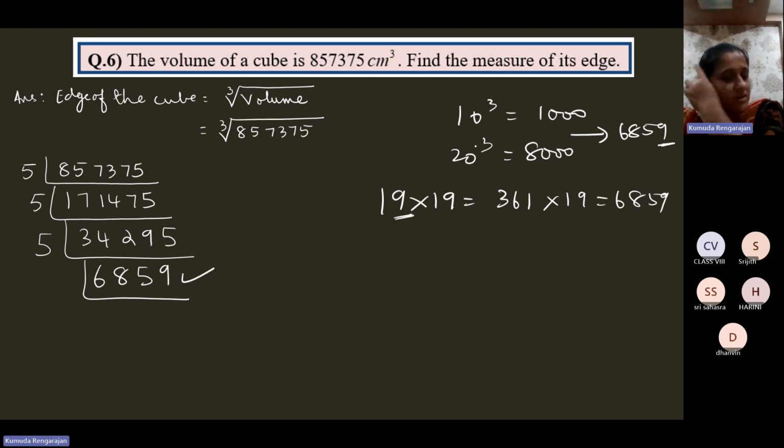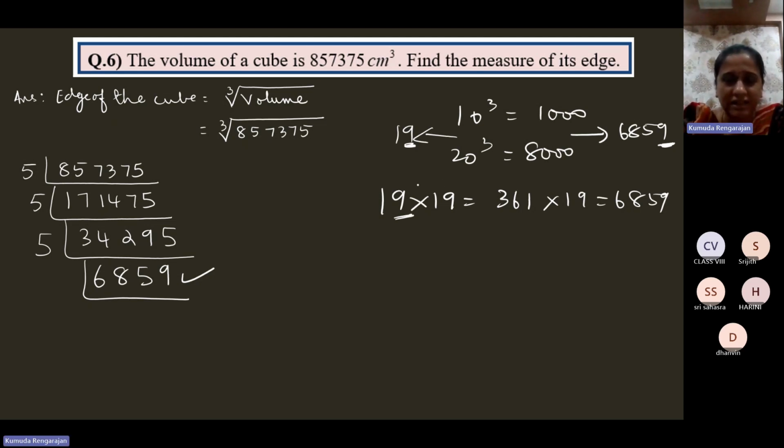That's one thing. And the other thing is the number ends with the digit 9. So its cube root also should end with the digit 9. Then between 10 and 20, 19 is the only number that ends with the digit 9. So we guess it should be 19 cubed.